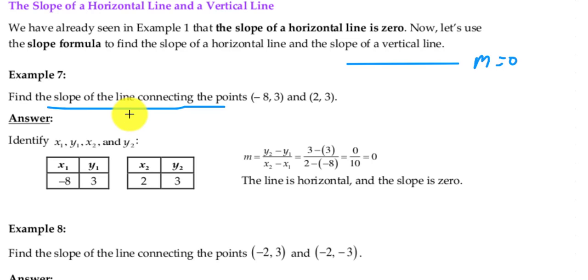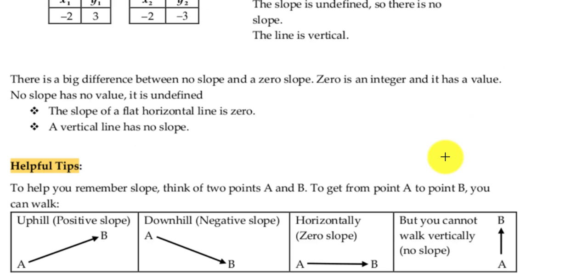You'll notice if I were to do y2 minus y1 over x2 minus x1, you get a 0 in the numerator. It doesn't matter what we get on the bottom, because 0 divided by anything equals 0. So that's going to be a horizontal line. Let's keep moving on.